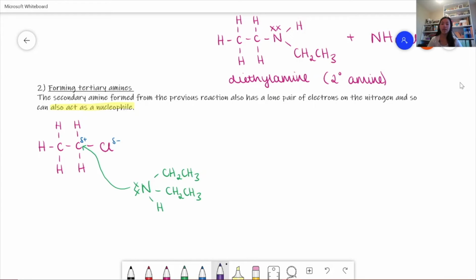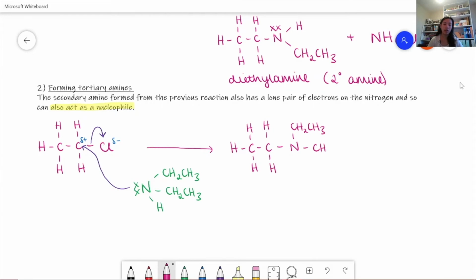And then these two electrons from this bond move towards the chlorine due to some repulsion. So what we form is CH3, CH2, and now we've substituted out the chlorine for this diethylamine. So we have a nitrogen with an ethyl group, and then another ethyl group, and also a hydrogen. And again, we form this Cl-.